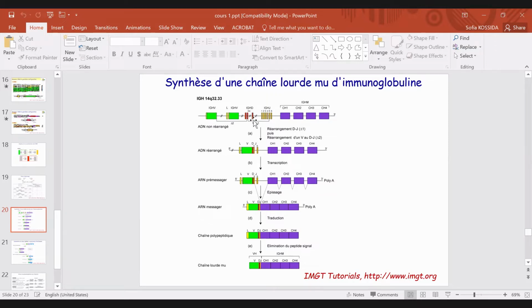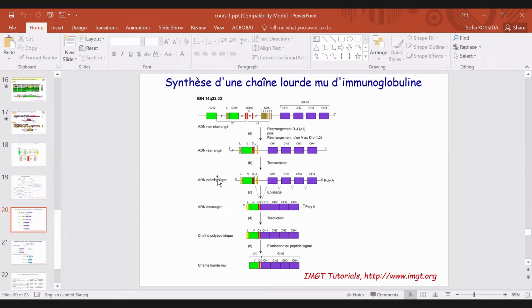First is this rearrangement, and then there is a second rearrangement. There is one V with the product of DJ. Therefore, we'll have this outcome. This is the rearranged DNA, where we have one V, one D, and one J gene, as well as the constant genes.